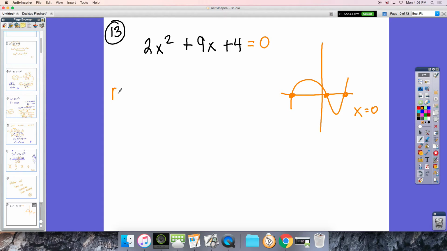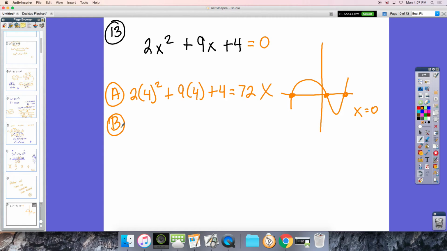So if you try A, pick one of those numbers, say you pick 4. You're going to type in your calculator this, and it gives you 72, which is not 0, so that can't be the right answer.